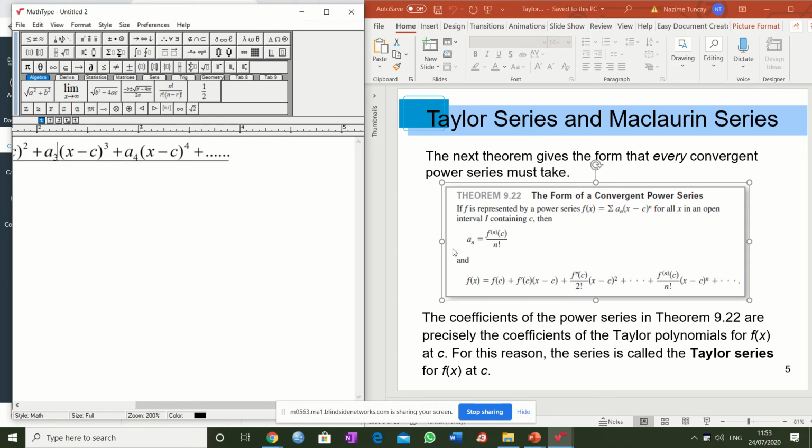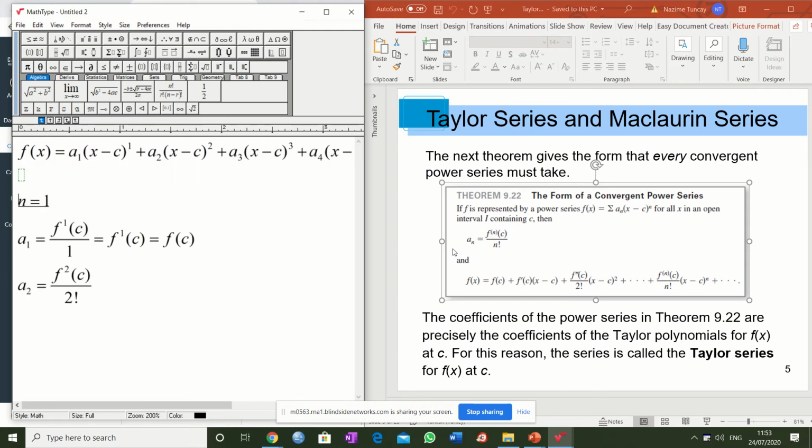What I find here was f(c), the function f in terms of c. It's not important what the content of this function is. This may be, for example, 2c plus 1, something like that.